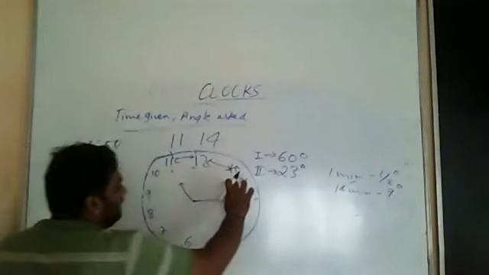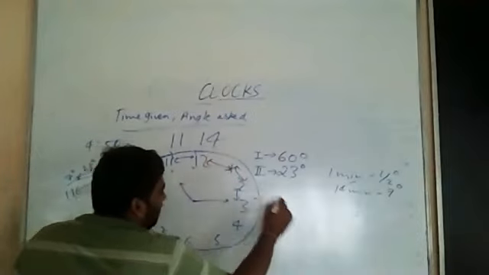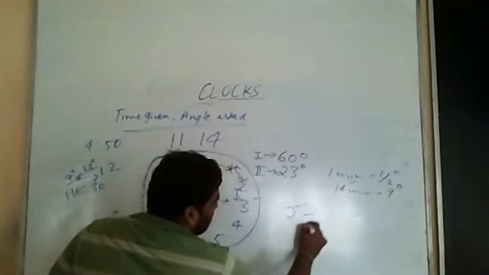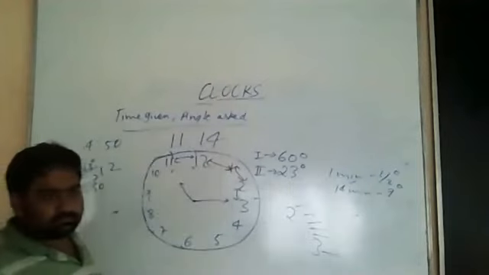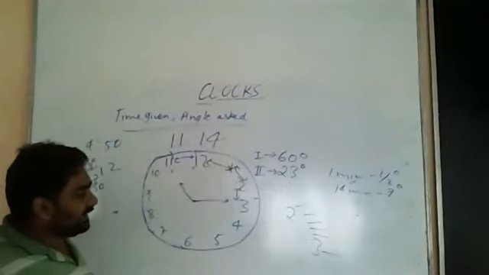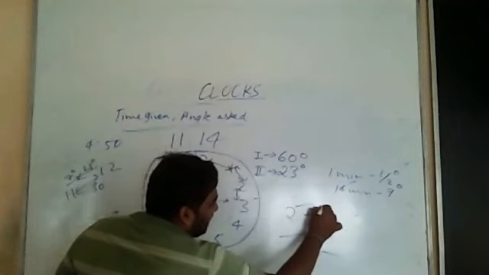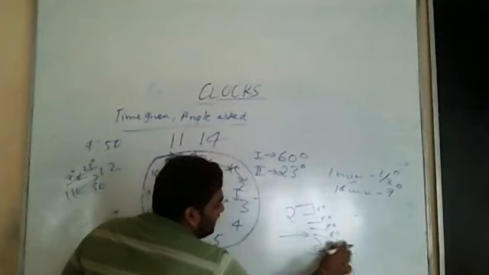Now I am interested in this part. Here it is 14. So in between 2 and 3, this is 10, this is 11, 12, 13, 14, 15. It is right now here at 14, which means from here to here it is 6 degrees, 6 degrees, 6 degrees and another 6 degrees.